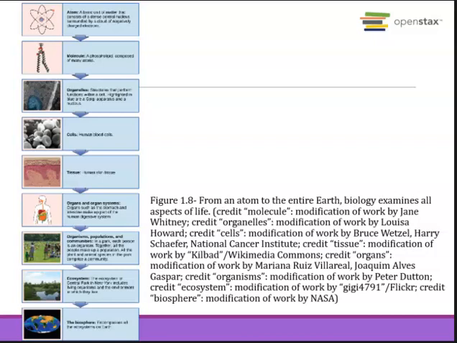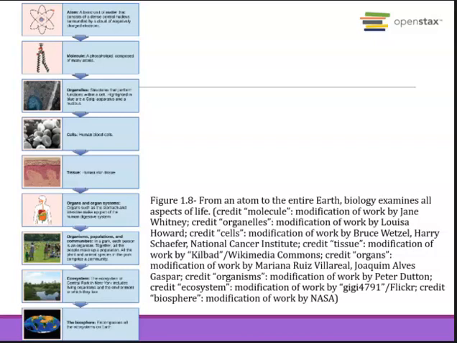Organ systems will then form organisms. An organism is an individual living entity. We have single-celled organisms, such as prokaryotes and eukaryotes, but these are referred to as microorganisms, micro meaning small, so these are small organisms.